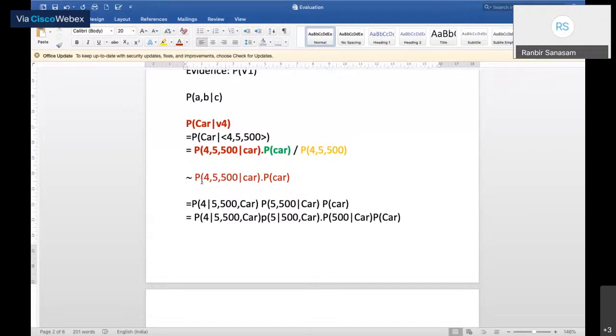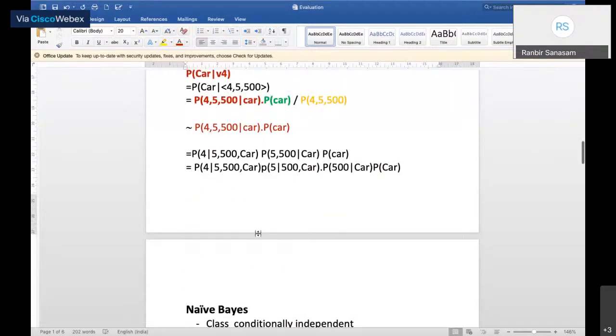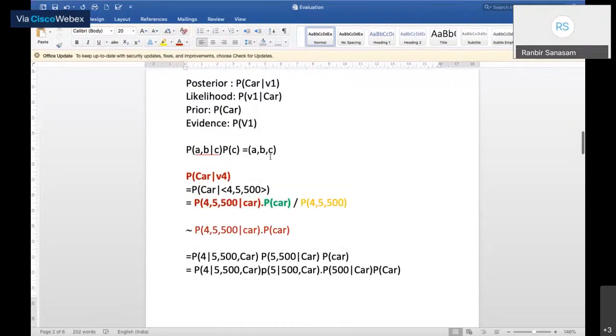This is the conditional when you have only two elements, right? You can also have more than two elements. So when you have more than two elements, how do you decompose? You can decompose using the chain rule, right?